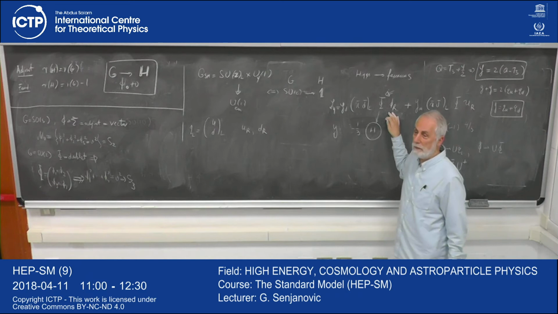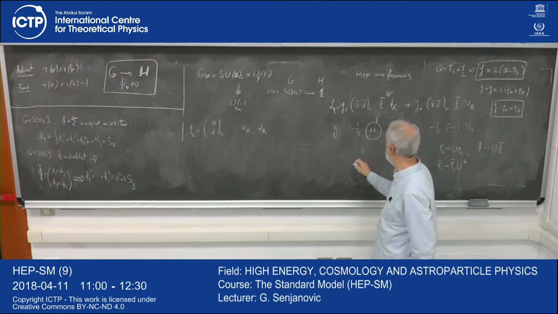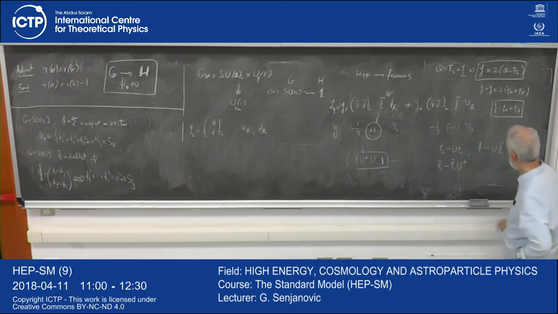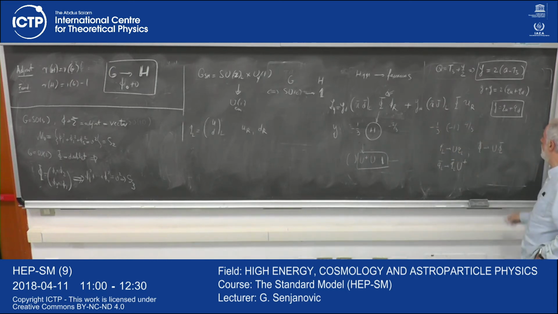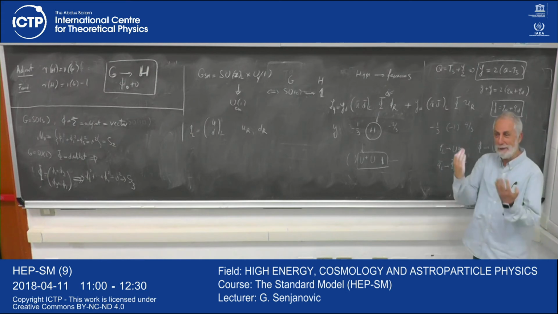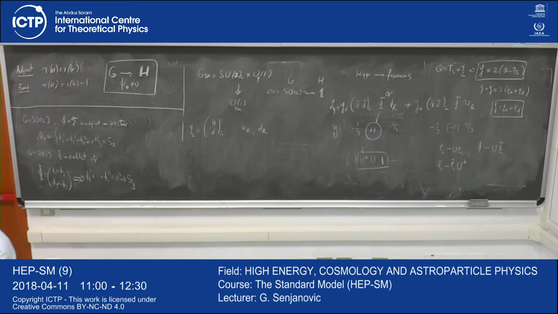I didn't even write it because it is obvious, but this is how it worked. This is a singlet, for example, U dagger then U, and here 1 for the singlet, and this was 1. So I can't put phi dagger, it wouldn't work. I can't make it lie down. I have to have a spinor standing up. But it has to have the opposite hypercharge.